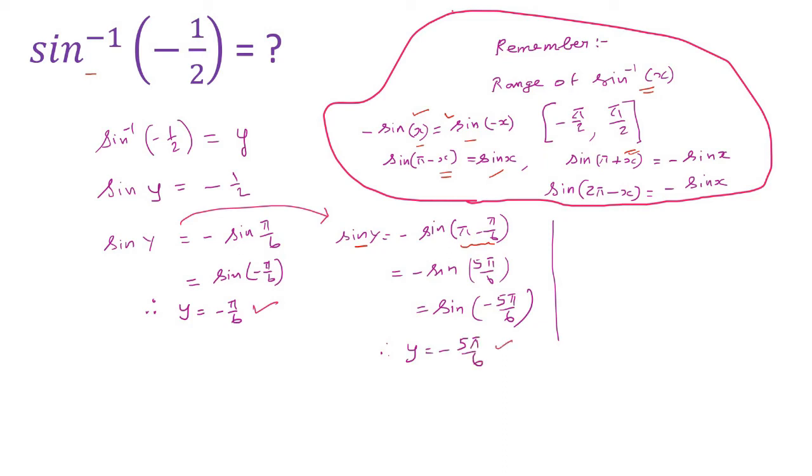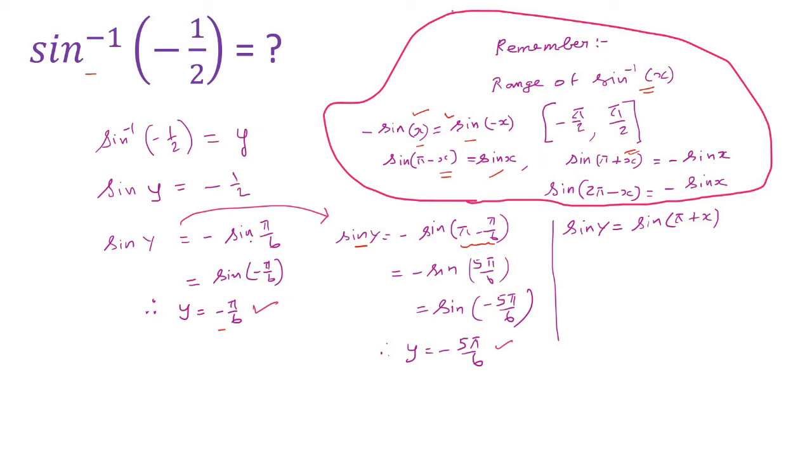Next one. We already got this value, and now we have also got this according to this method. Now you can see sine pi plus x is minus sine x. Here minus sine pi by 6 is there, so you take it as minus sine x and write it as sine pi plus x.